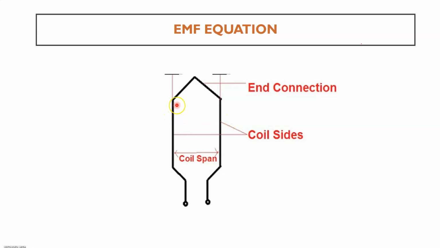These armature conductors are placed on the periphery of the armature, that is, on the slots. So simply, a coil consists of two armature conductors. Remember this while doing problems. One coil consists of two conductors, or one turn is equal to two conductors.